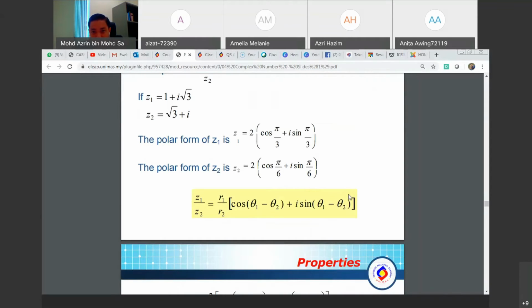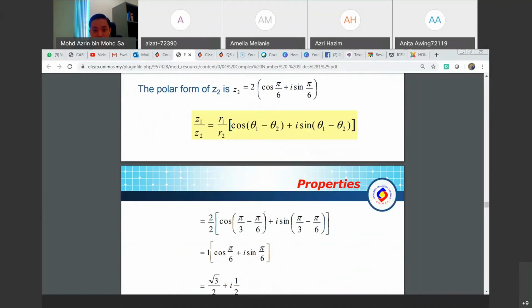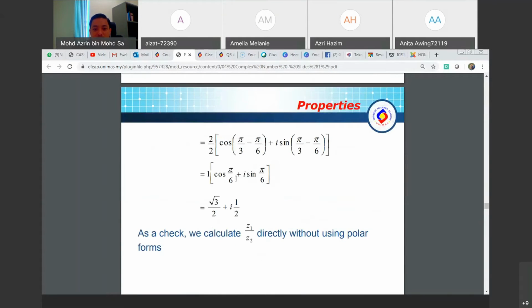So masuk dalam equation ni, you dapat 2 divided by 2, masukkan nilai cos dengan theta 1, theta 2, i sin theta 1, theta 2. Then 2 divided by 2, you get 1, then cos pi over 6 plus i sin pi over 6.